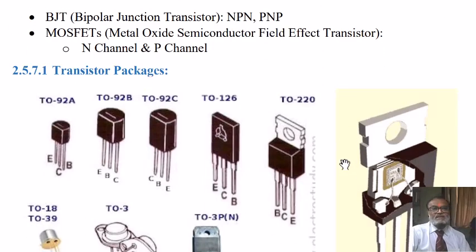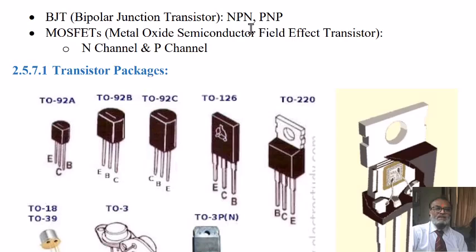Now the next device is a transistor. A transistor is basically a transresistor device and it is a three terminal device. There are two types of transistors we mostly study in electronics. One is the BJT, bipolar junction transistor, which has two types, NPN transistor and PNP transistor.